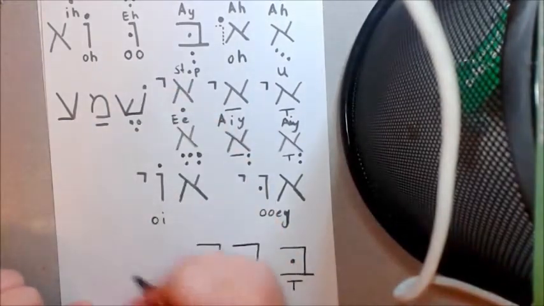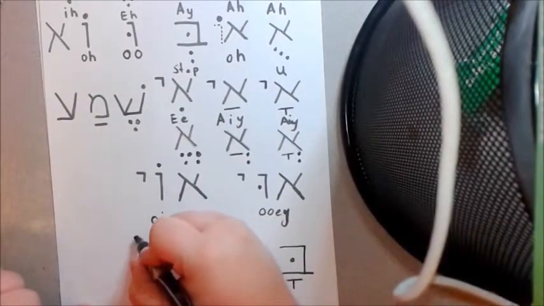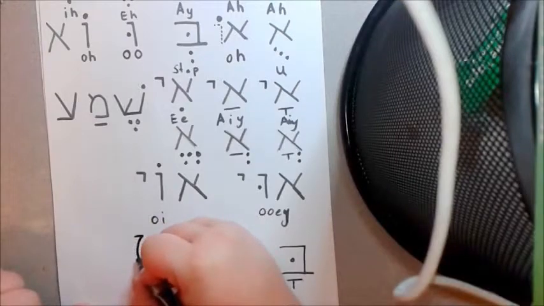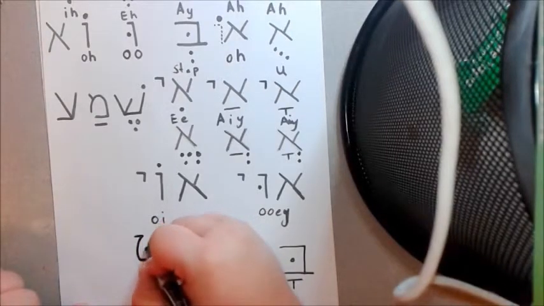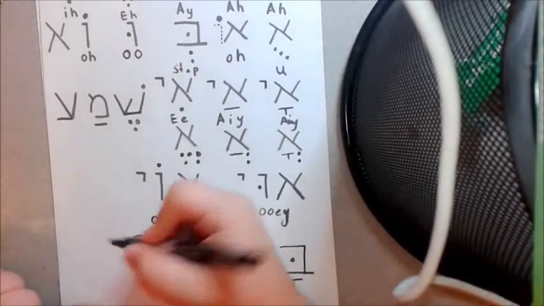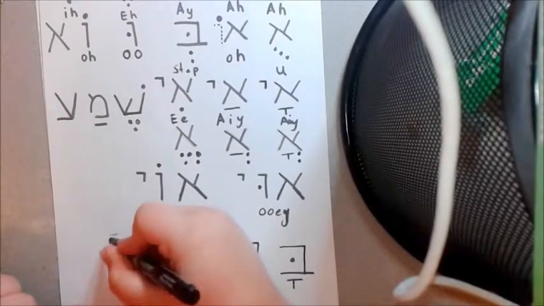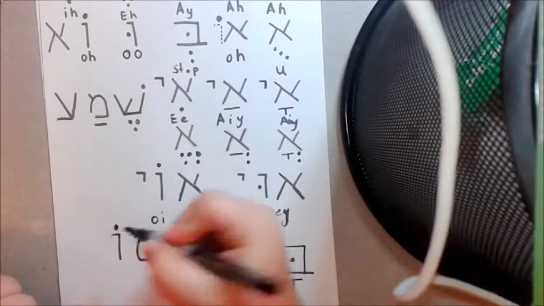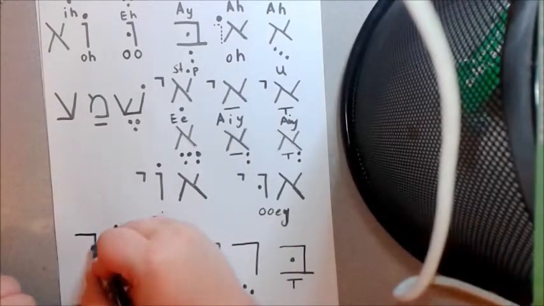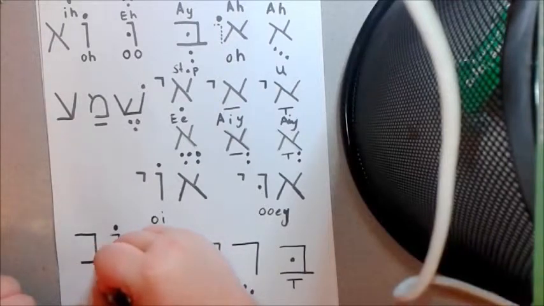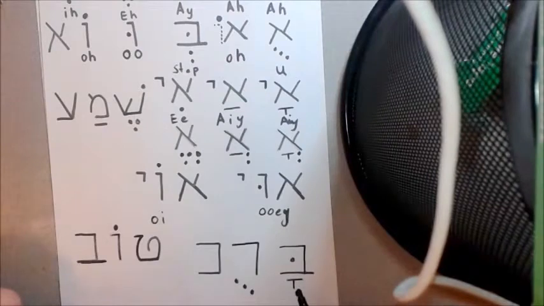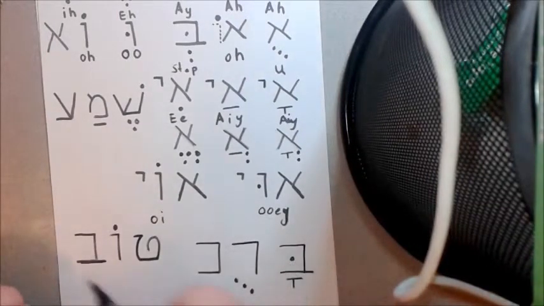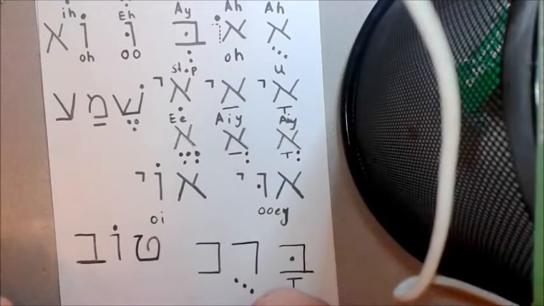So for the Vav sounds, I'm going to do the Tet, Vav, and it's going to be the one at the top, so it says o, and then the Vet. We haven't really seen the Vet. We've talked about it, but we haven't seen it yet. This is the same as this letter. When it appears with the dot, it's a bet, and when it appears without the dot, it's a vet.